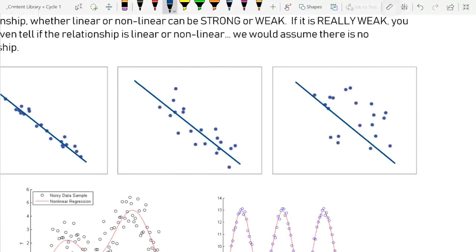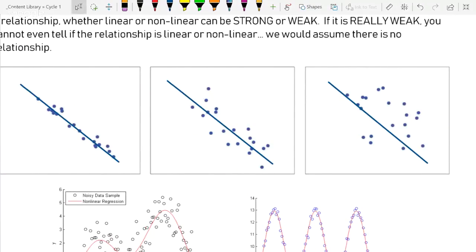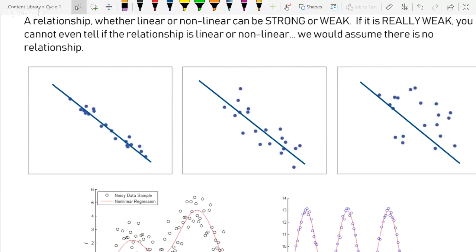But if I were trying to make a prediction, which one of these would I feel safe making a prediction based on my line? Yeah, right? Here, basically, you could use that line to make a really strong prediction. By the time we get to here, would you trust a prediction made on that line? Not much at all, right?